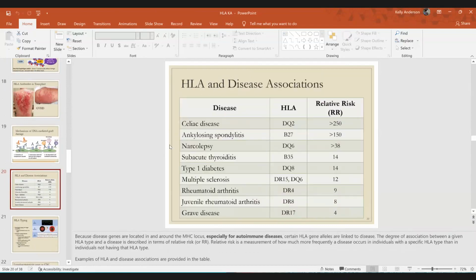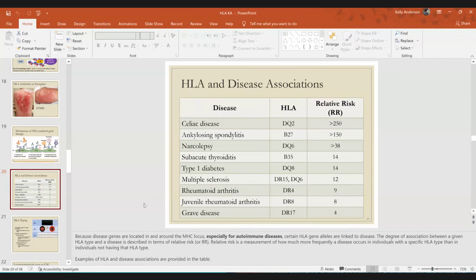Another thing you need to know about HLA, and there might be questions about this on the exam, there are some disease associations relating to HLA. So the most common ones are ankylosing spondylitis, which is B27. Also celiac disease, DQ2, but it wouldn't be bad to just memorize this chart.